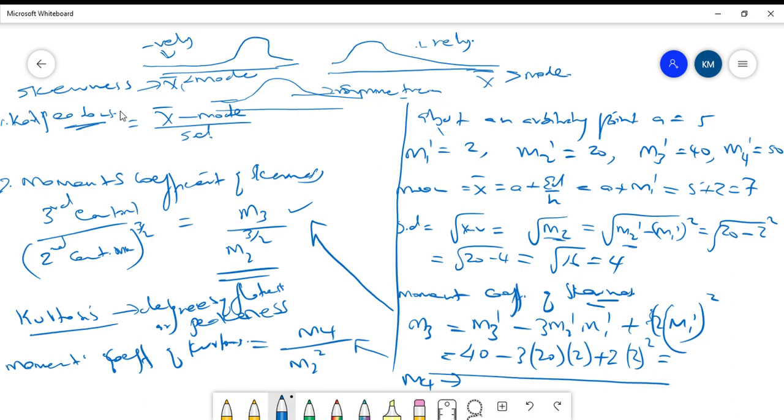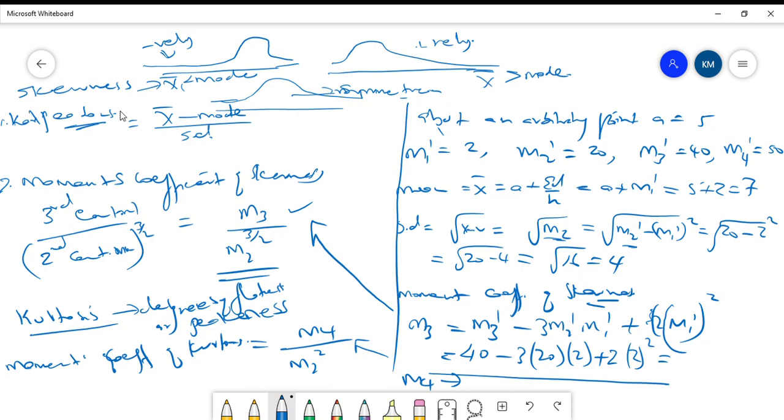So you substitute them in the formula for kurtosis, and then you interpret. And we said for kurtosis, what? When the moment coefficient of kurtosis is less than 3, you have a platykurtic distribution. If it is greater than 3, you have a leptokurtic one. If it is equal to 3, then you have a symmetrical distribution.